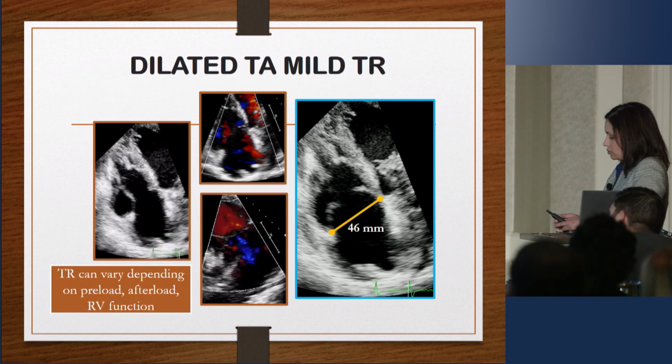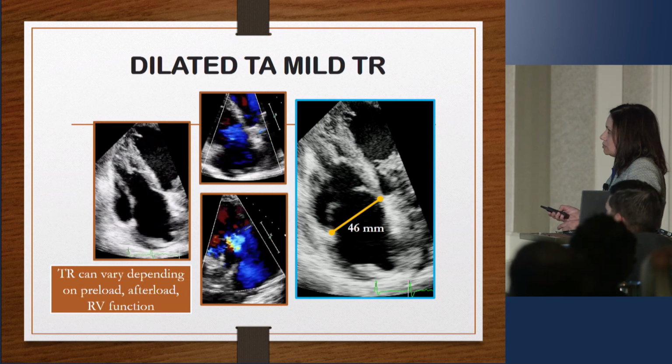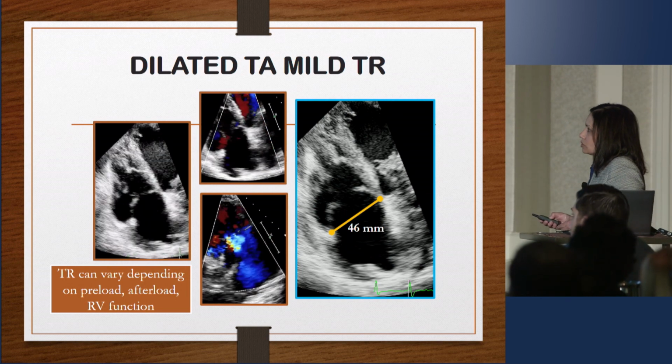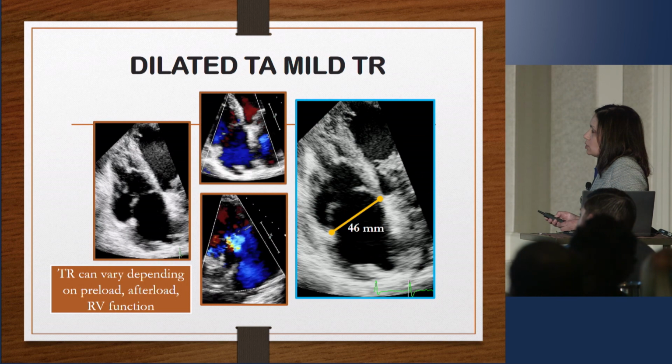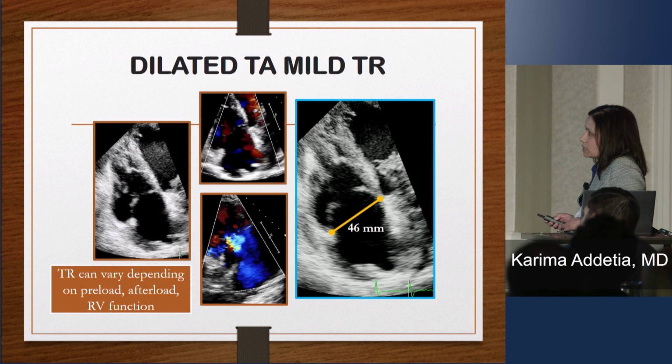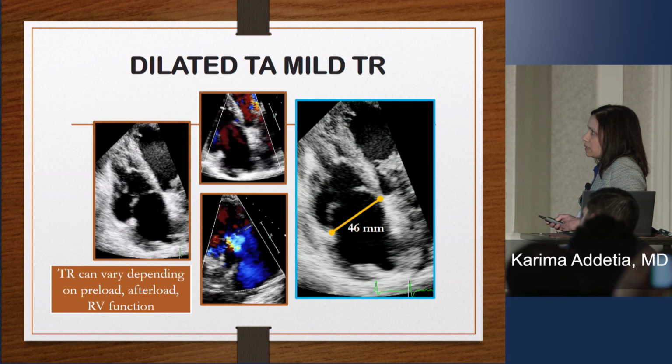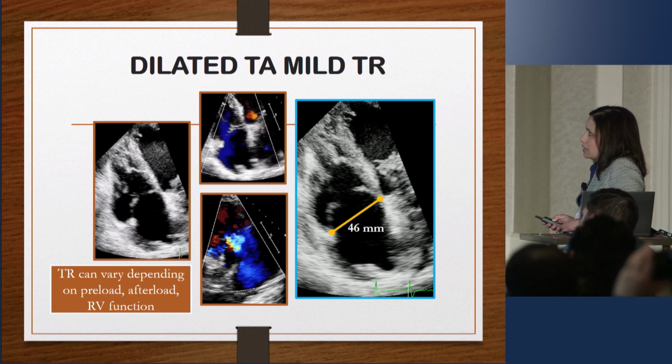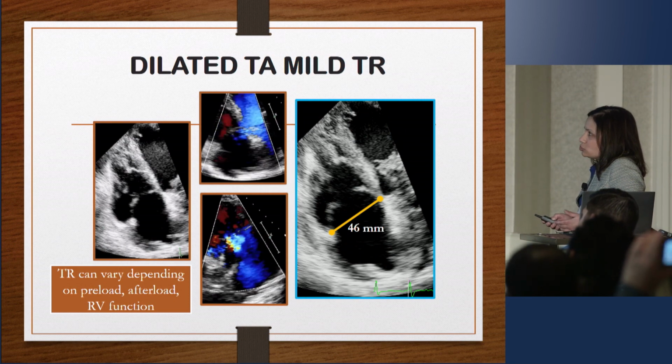So the question for echocardiographers is, if we are going to measure the tricuspid annulus, where should we be measuring it? One of the things that we know is that tricuspid regurgitation is very preload dependent. If you look at TR in this patient, it looks like trace, maybe mild TR.